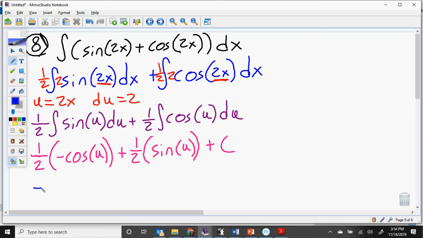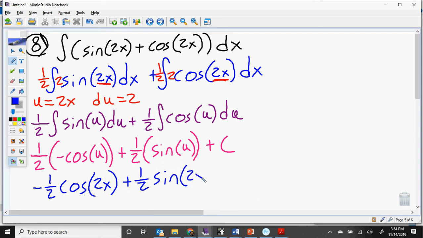Alright, so I end up with negative 1/2 cosine of my u, which was 2x, plus 1/2 sine 2x plus c. Look at my answer choices. Does that match up to anything? It looks just like answer choice B.